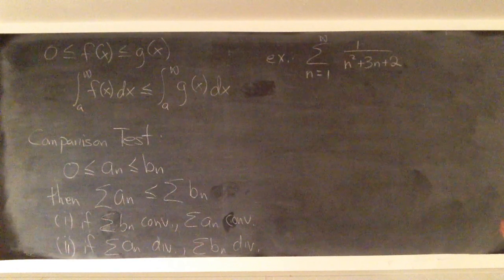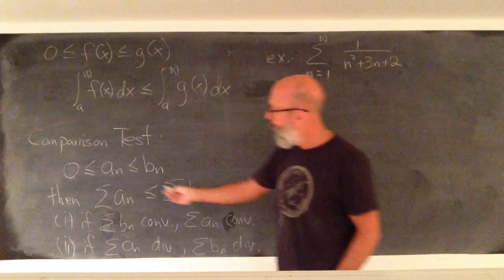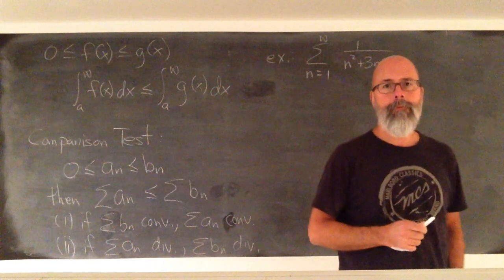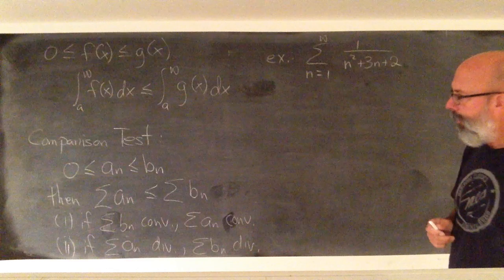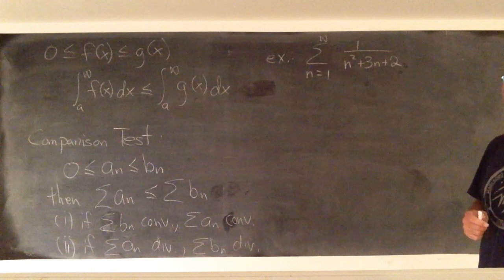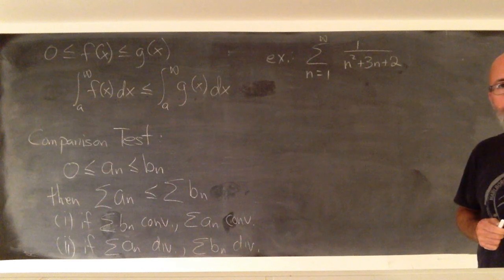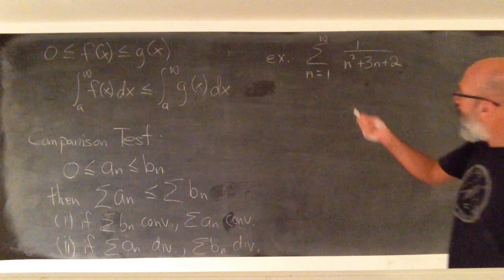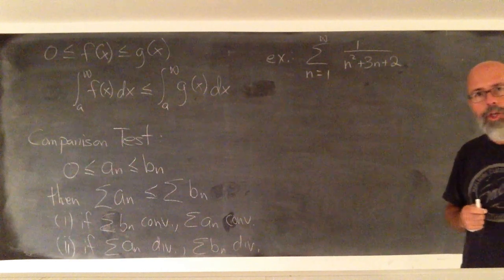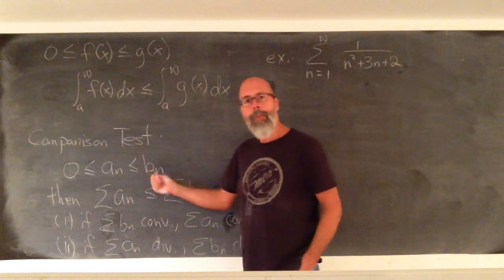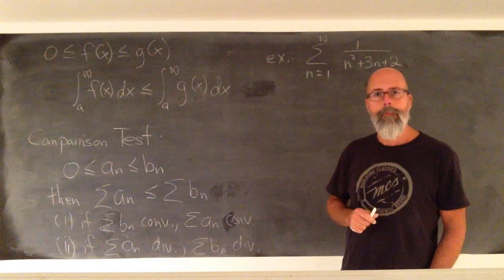But in order to apply the comparison test, we need to establish some inequality. So you need to have an idea of what's going to happen to this series. If you think that this series converges, you need to find a bigger one which converges as well.